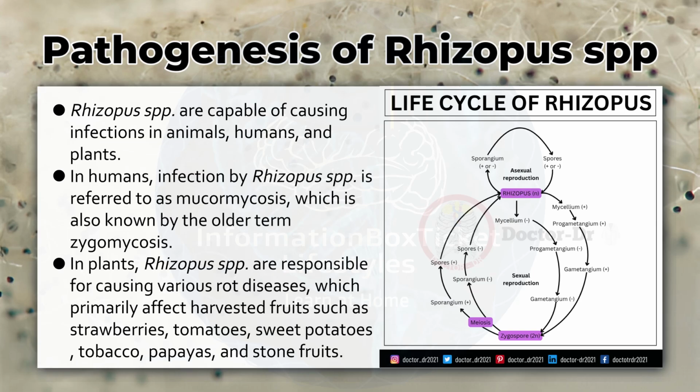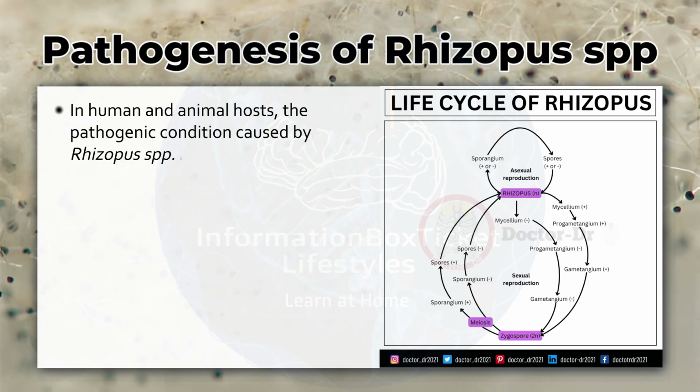In plants, Rhizopus species are responsible for causing various rot diseases, which primarily affect harvested fruits such as strawberries, tomatoes, sweet potatoes, tobacco, papayas, and stone fruits. In human and animal hosts, the pathogenic condition caused by Rhizopus spp is mucormycosis, zygomycotic infection.